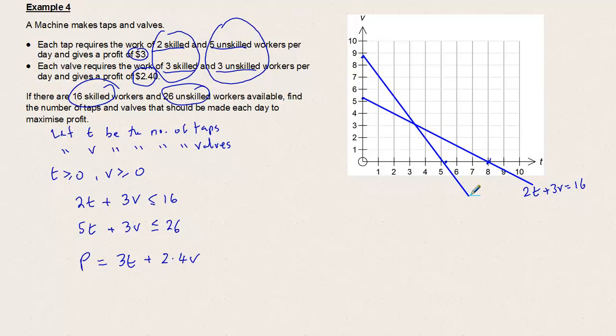So that's going to look like that. Well, this is 5t plus 3v is 26. And we're going to need to be this side of both of those. And so our feasible region is the region down here.